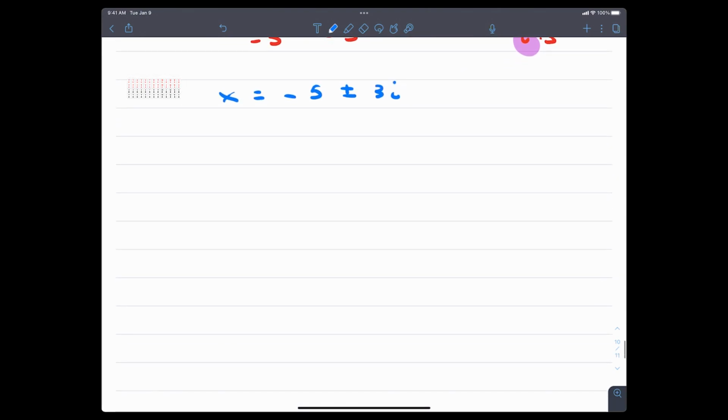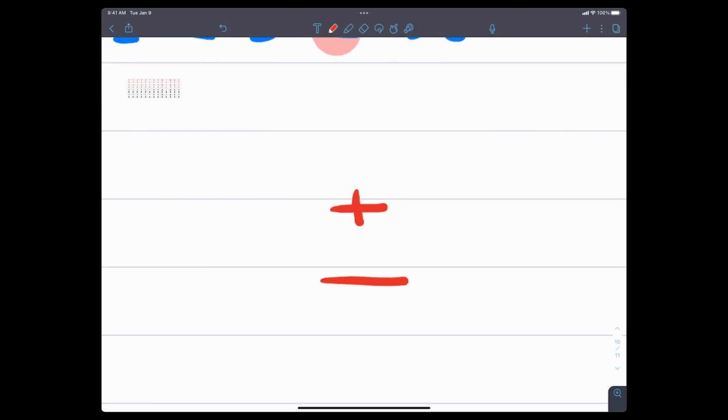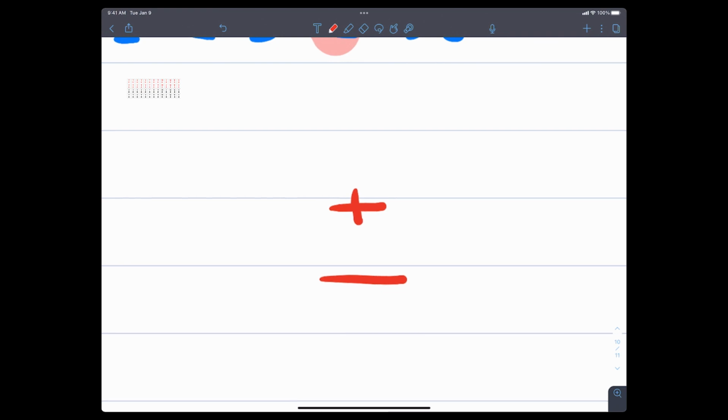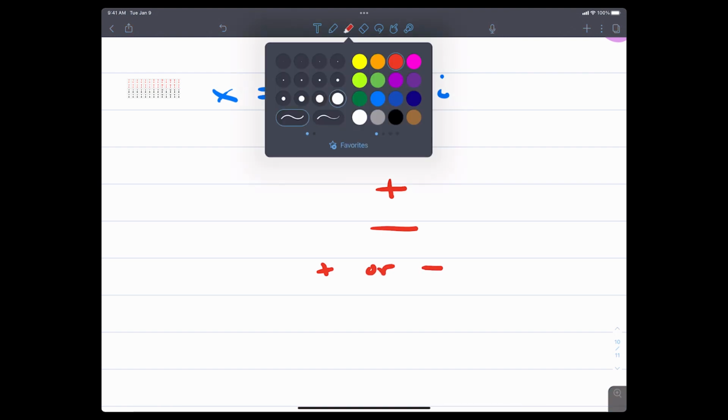Okay, now can I remind you guys about this symbol here? Maybe you want to see it bigger. What does this mean? What's the meaning of that symbol? Plus or minus, good. Outstanding.